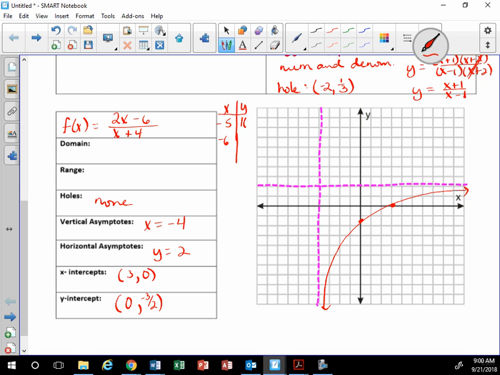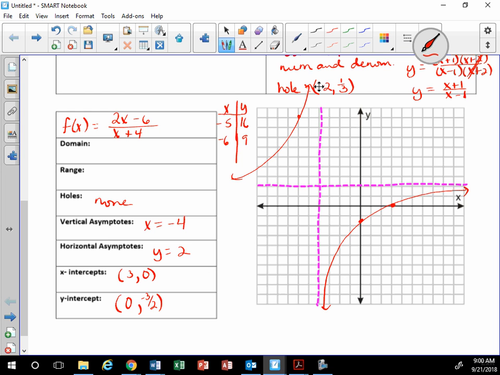So that's off my graph, so I'm somewhere way up here. Okay. What about -6? We're getting closer. Okay, that one's there. Close enough, guys. There's your graph. Okay? How do we do?